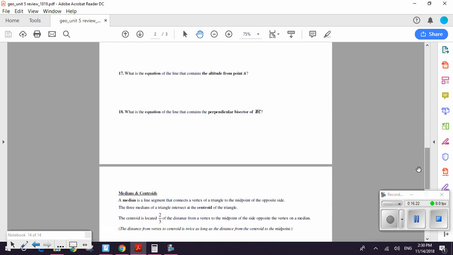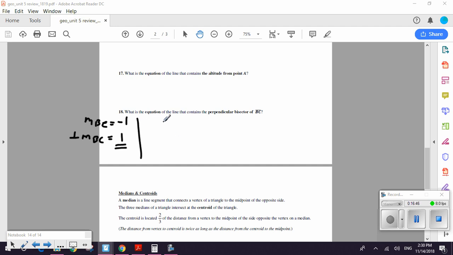And if you think about it, we just found the slope in number 17. So again, the slope of BC, for those who missed it, was -1. The perpendicular slope of BC is +1. So this is the slope we're going to use, +1.